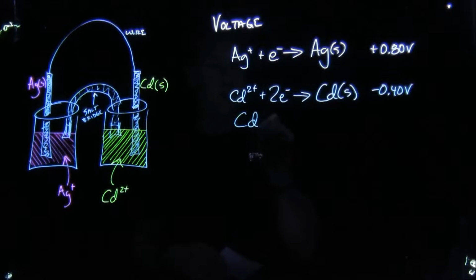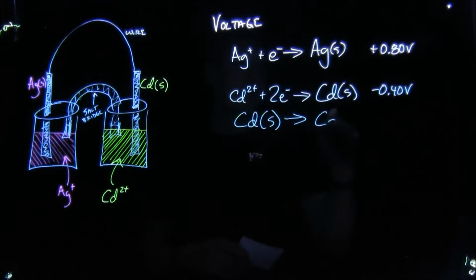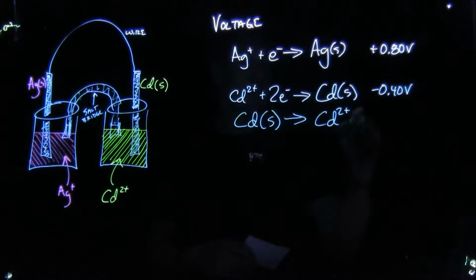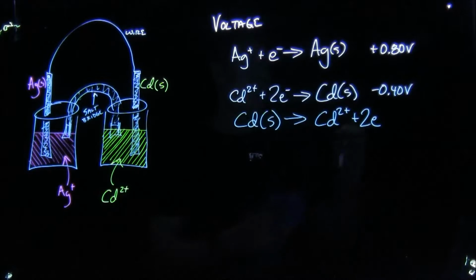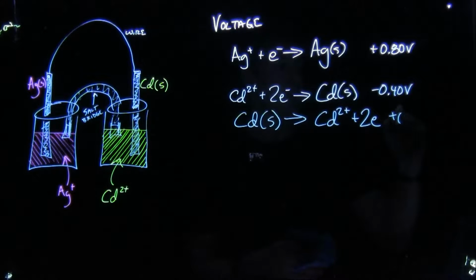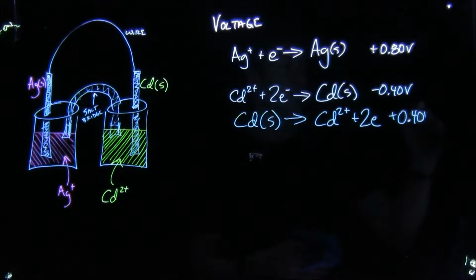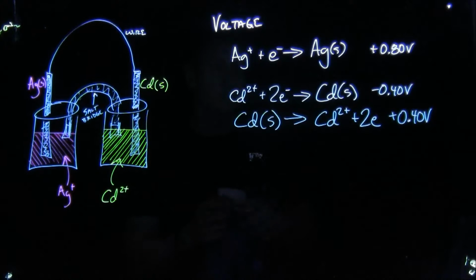We're going to make it cadmium solid forming cadmium 2+ ion and 2 electrons. Because we flipped that, we're also going to flip the sign on its voltage. We're going to make it positive 0.40 volts rather than negative 0.40 volts.